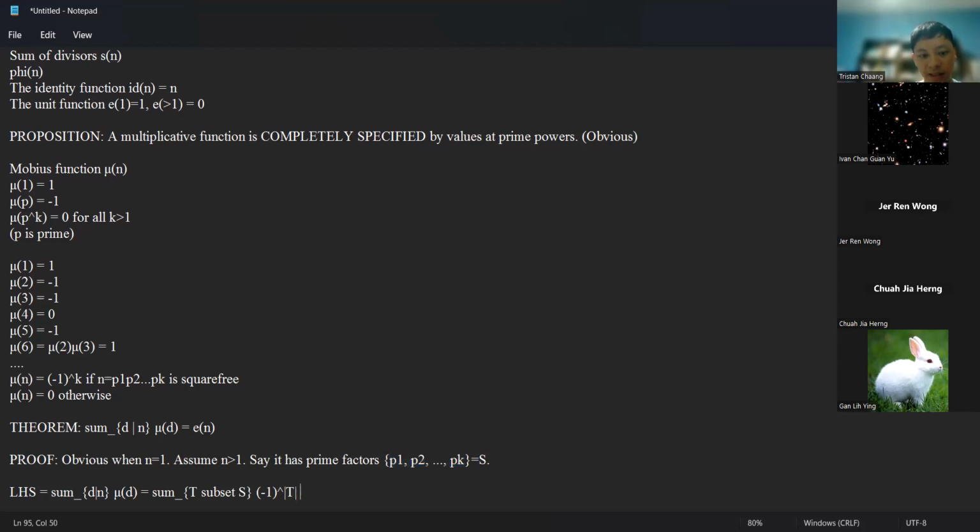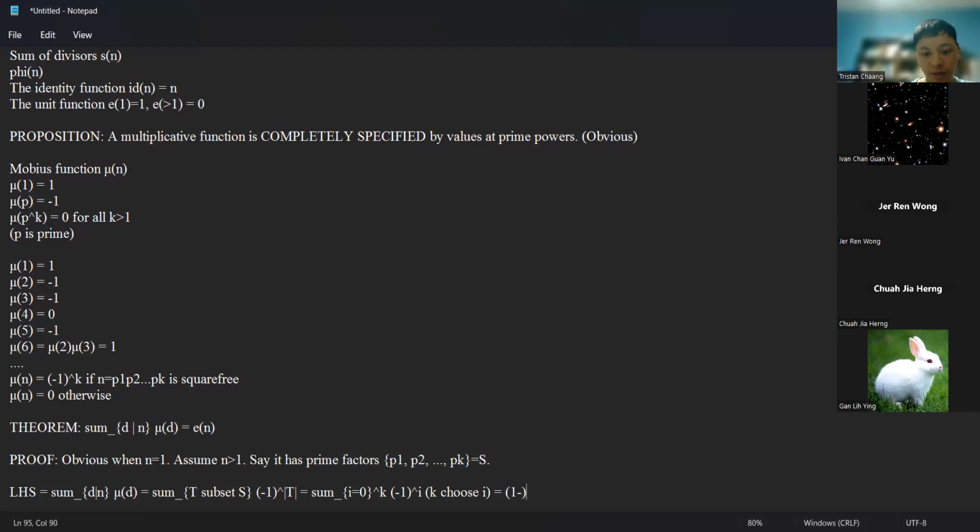Does that make sense? For each subset T, the Mobius function of the product of its elements is (-1) to the power of the number of prime factors, which is the size of T. So this is just the sum from i equals 0 to k of (-1)^i times k choose i, which is 0 by the binomial theorem.